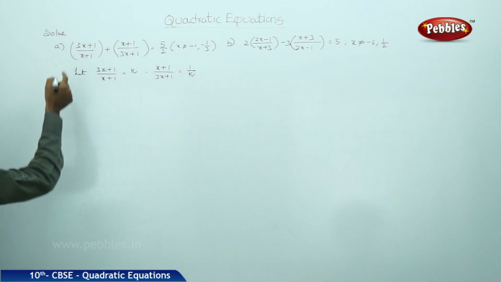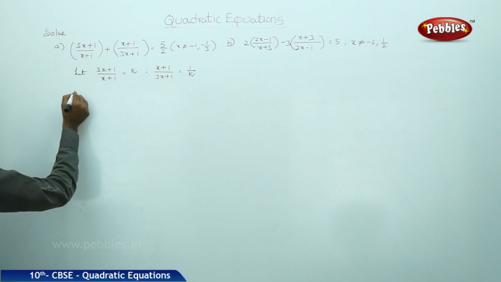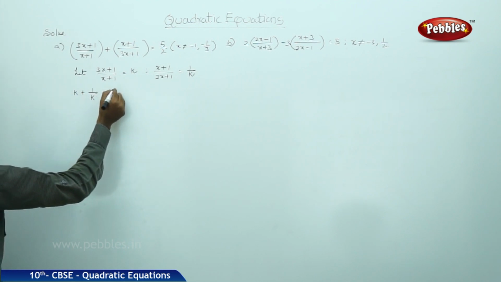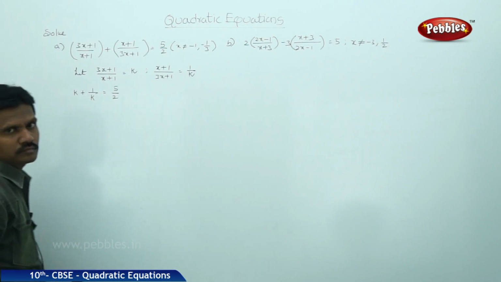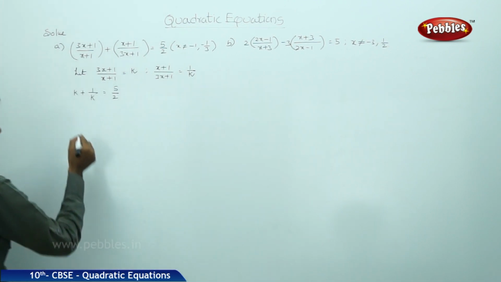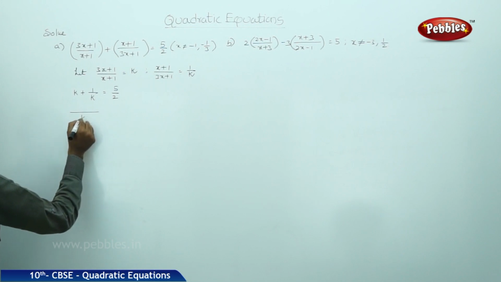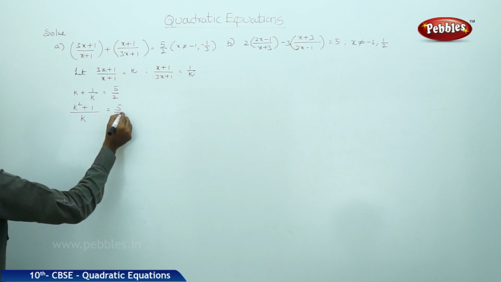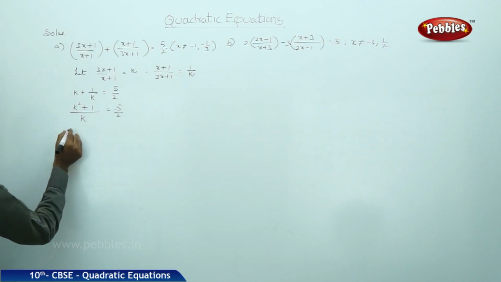That is, k plus 1 by k is equal to 5 by 2. After that, do the LCM. k into k, k square plus 1 is equal to 5 by 2, cross multiplication.